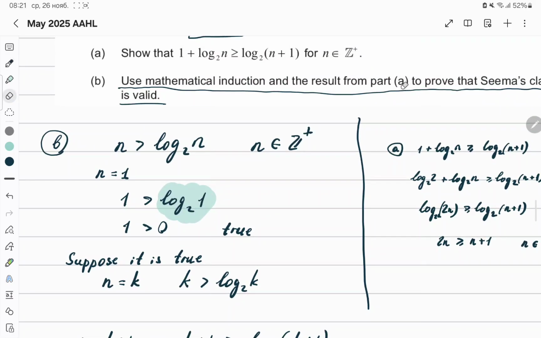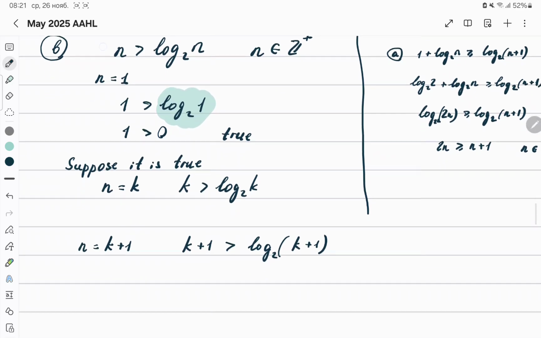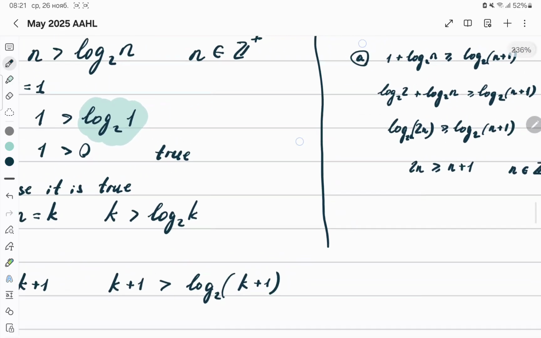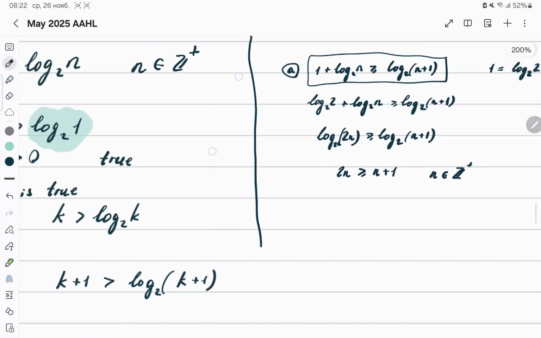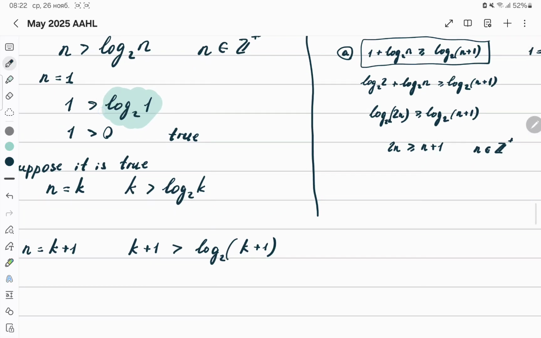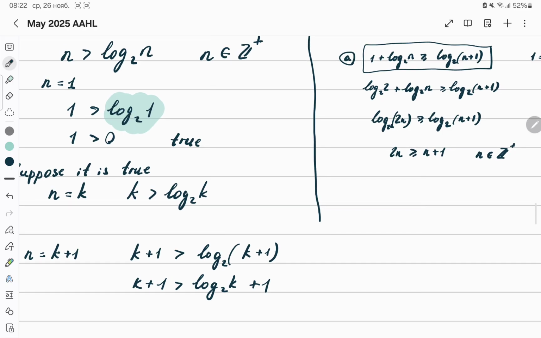It says to use the result from part A, right? So we have to use part A. If we look at part A, we will see that we have proven that this inequality is true. Okay, and now what to do next? We can say that k plus 1 is more than logarithm k in base 2 plus 1.